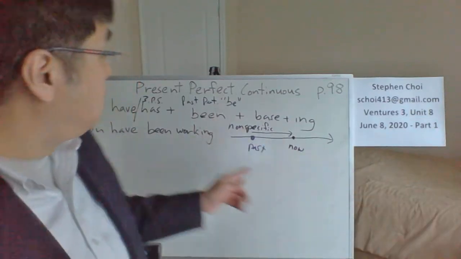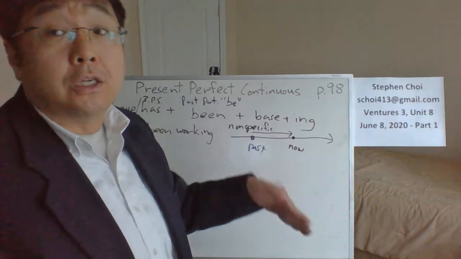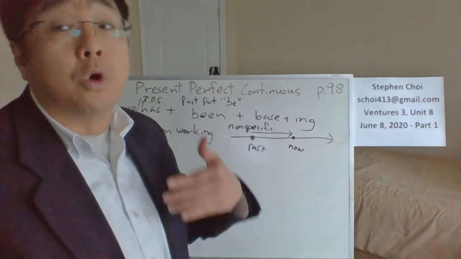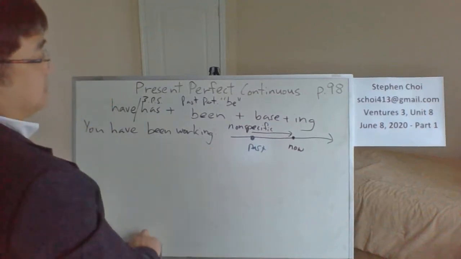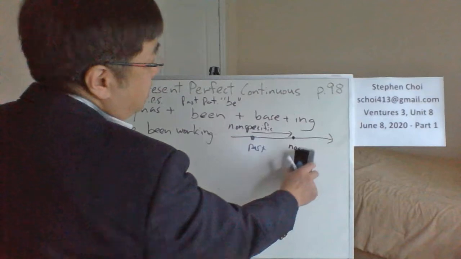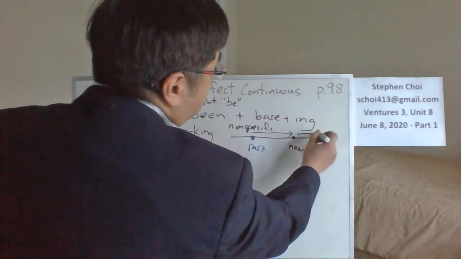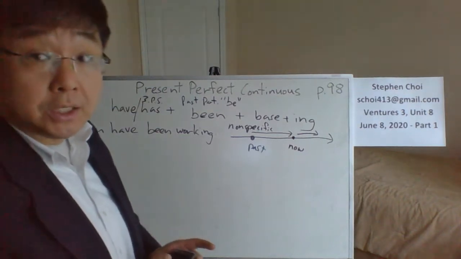So it started sometime in the past, continues until this moment, and will probably go on in the future. Non-specific past point, it continues till now, and then it will probably move on into the future. That's what present perfect continuous tense communicates.